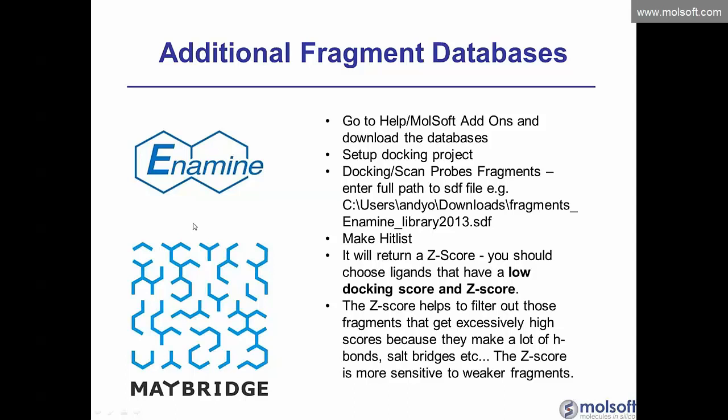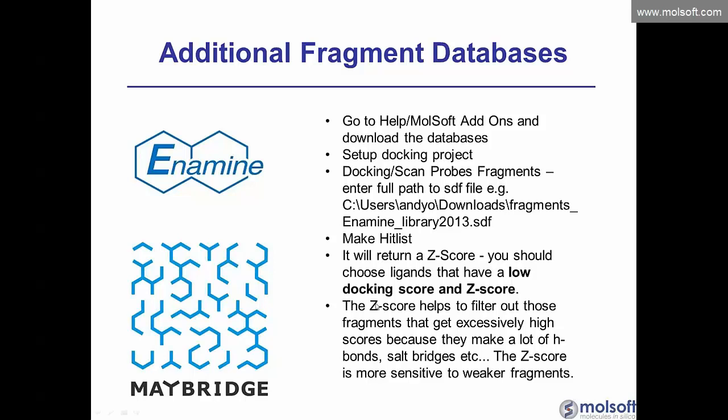Because these fragments aren't extracted from the PDB, we don't have the p-values, percentiles and so on for these fragments. But what we do have is a z-score, and you should choose the ligands that have a low docking score and a z-score. The z-score helps to filter out those fragments that are getting excessively high docking scores because maybe they make a lot of hydrogen bonds or salt bridges.